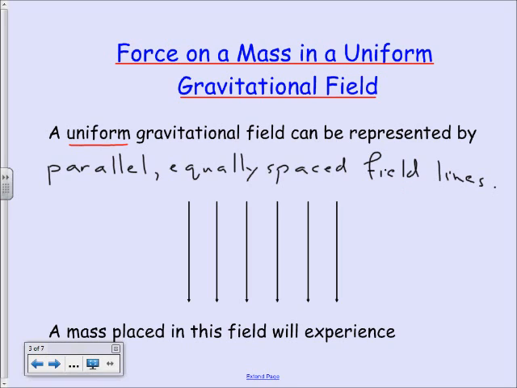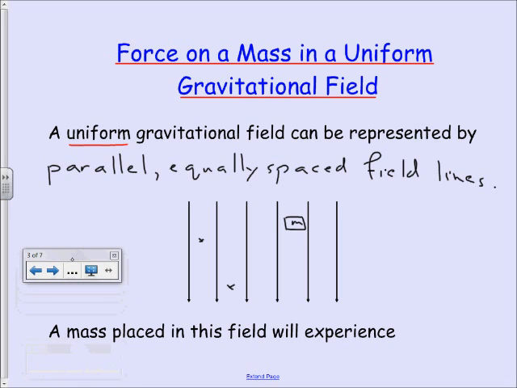Now, if we place a mass in that gravitational field, let's put it there. Whether that mass is there or whether it's here or anywhere, because the field is uniform, a mass placed in this field will experience the same force everywhere in the field.